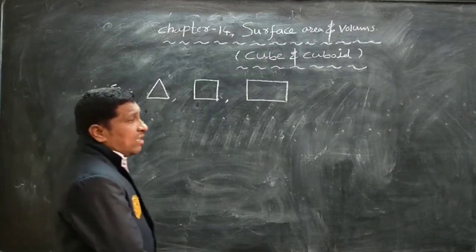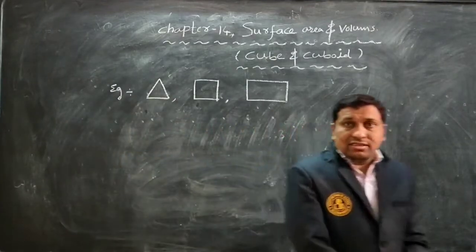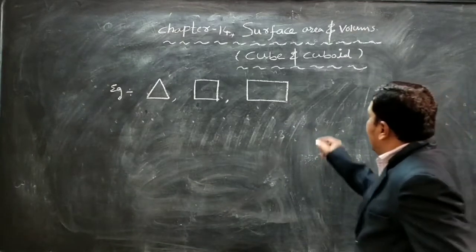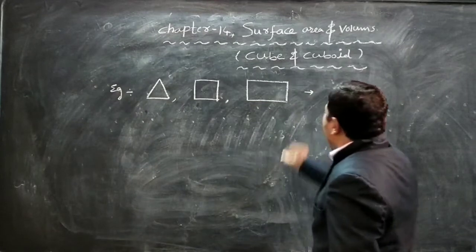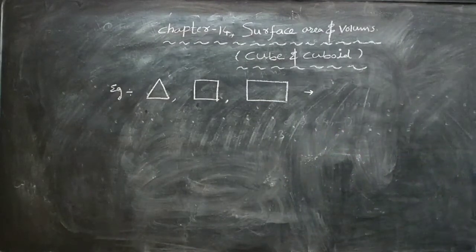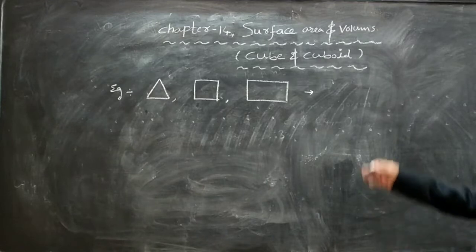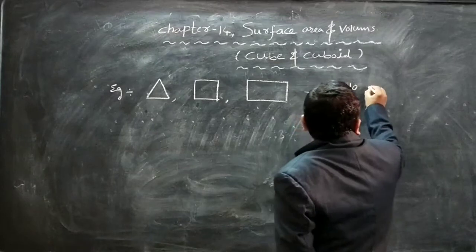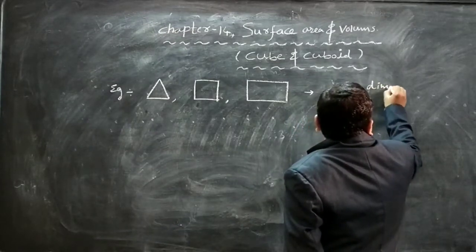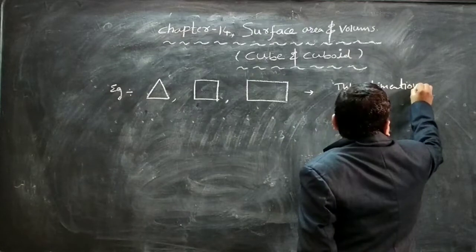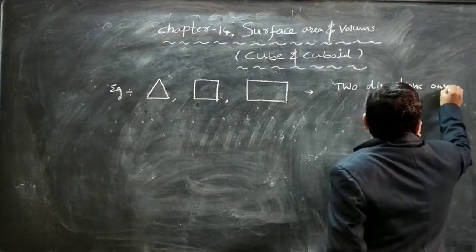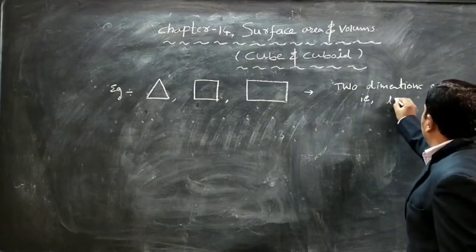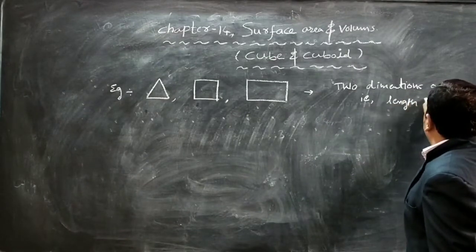How do we say these are 2D figures? We have to observe these figures: they consist of two dimensions only, that is length and breadth.